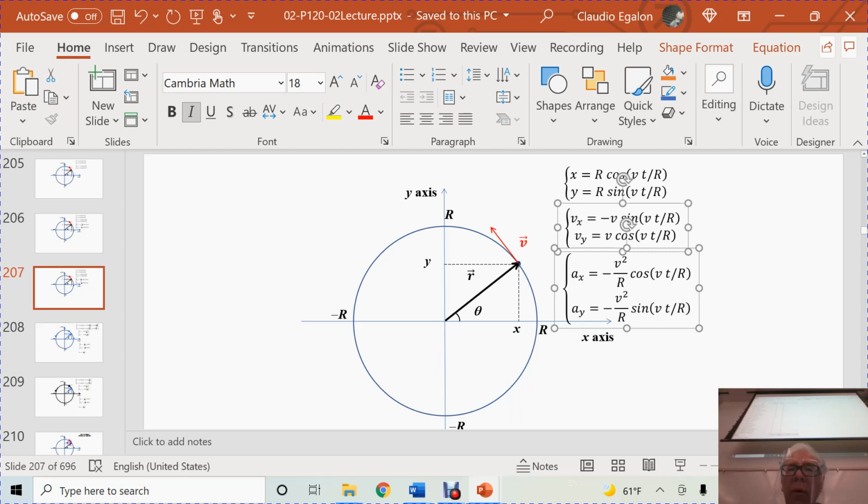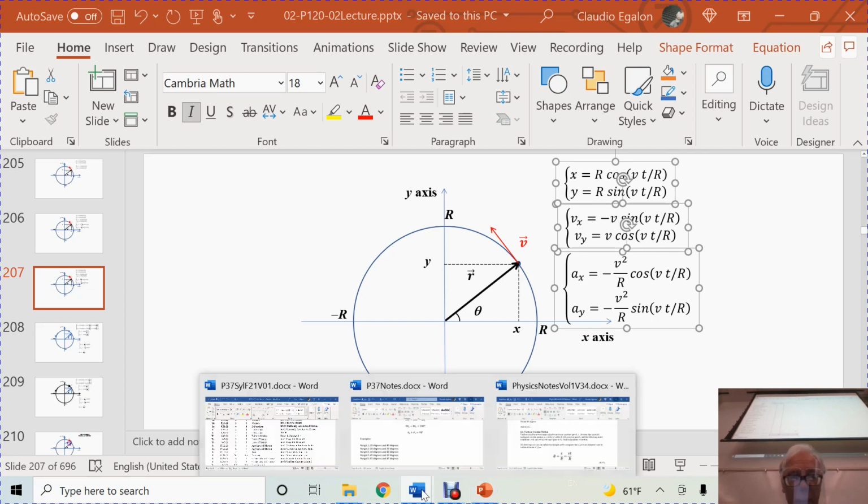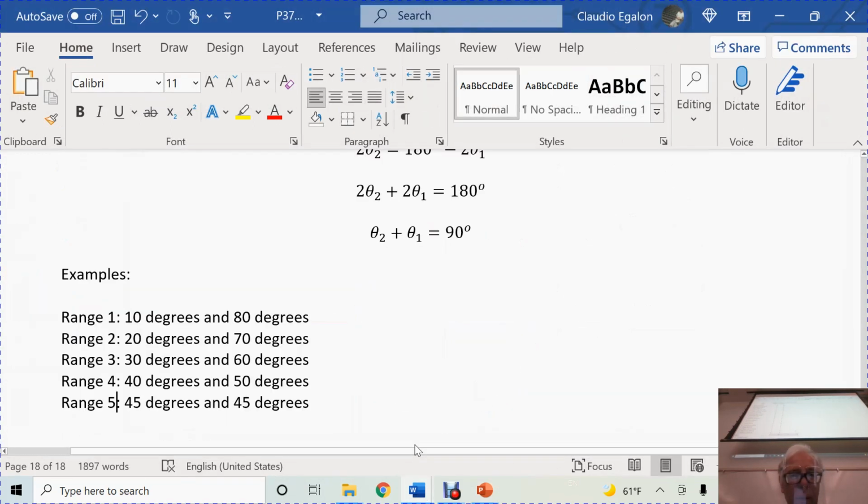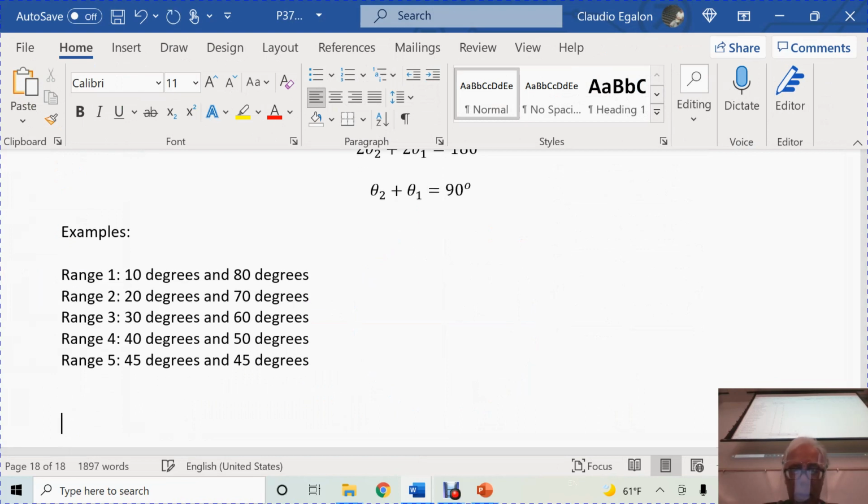Now I'm gonna use Microsoft Word. Uniform circular motion. The equations of motion are.